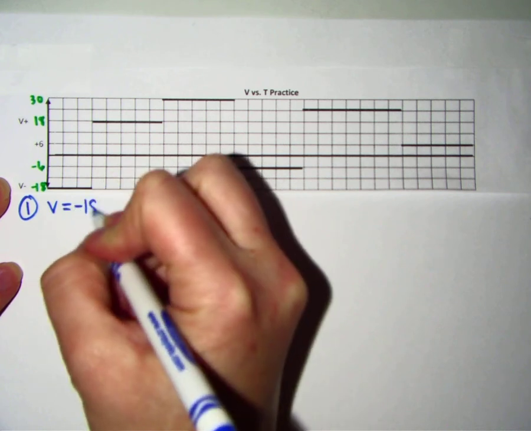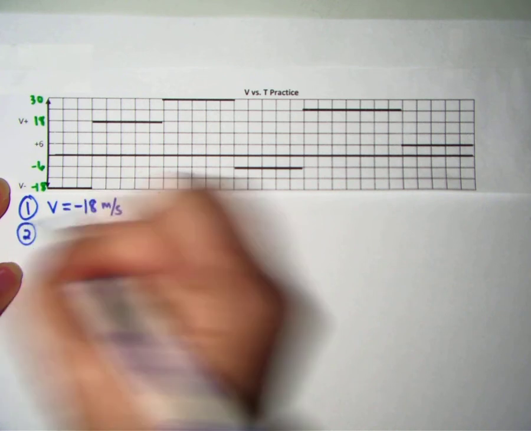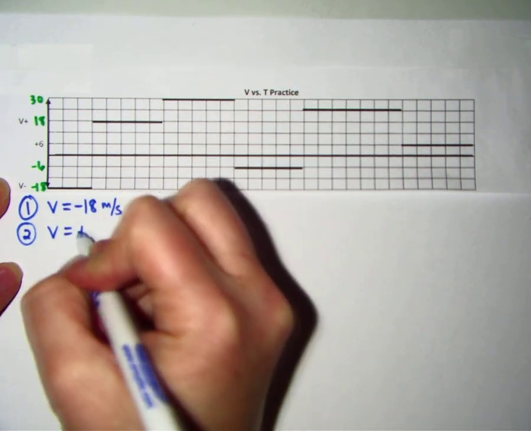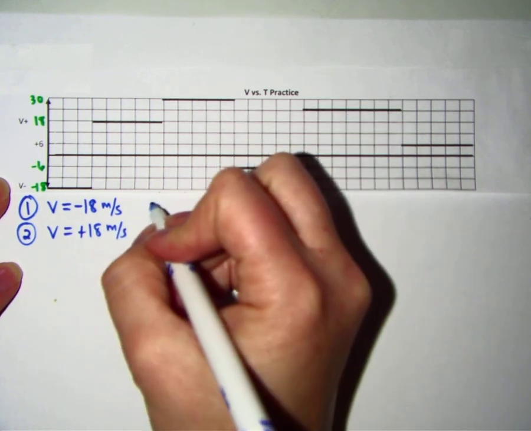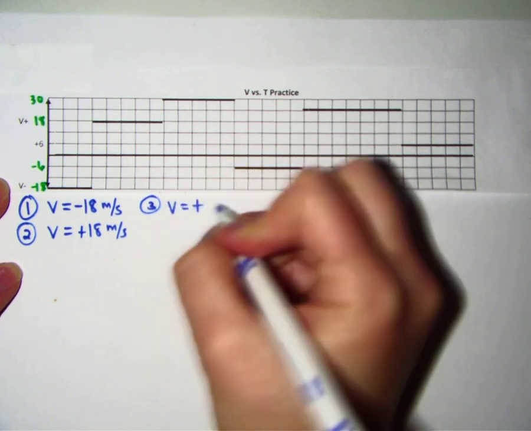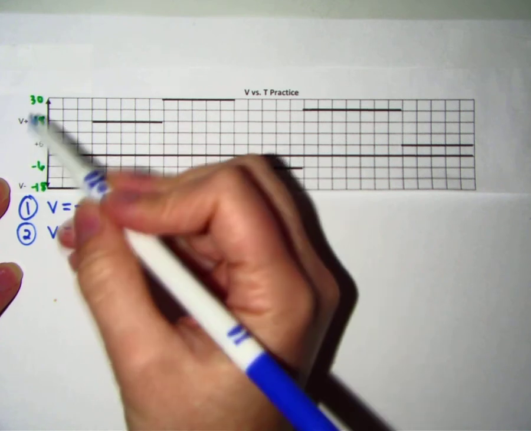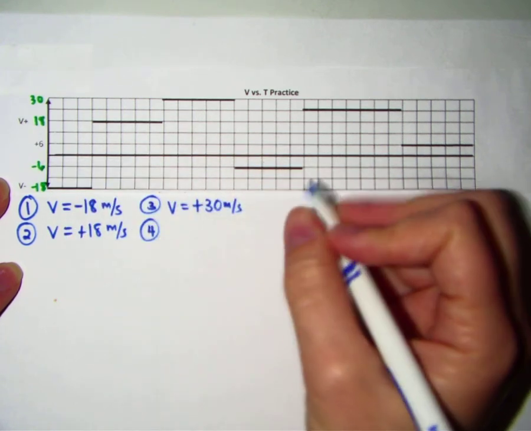is negative 18. The velocity of segment 2 is going to be positive 18. The velocity of segment 3 is going to be positive 30. And I've labeled my scale for you. It's going by sixes, by the way, just to give you a heads up.